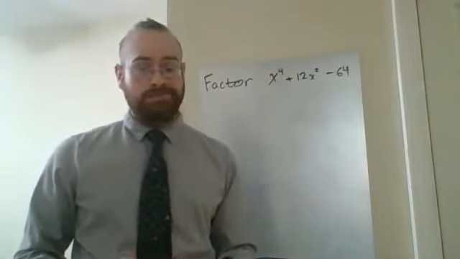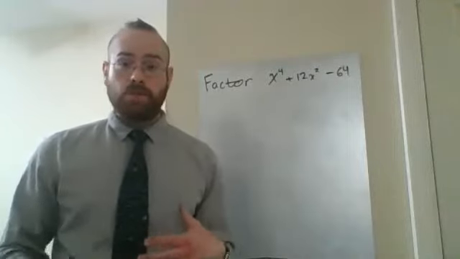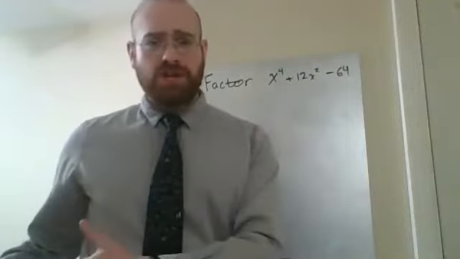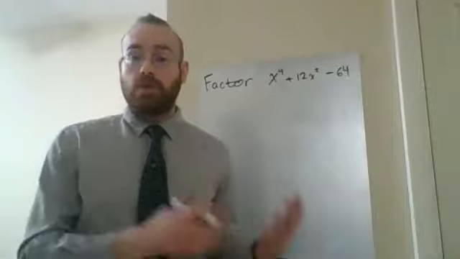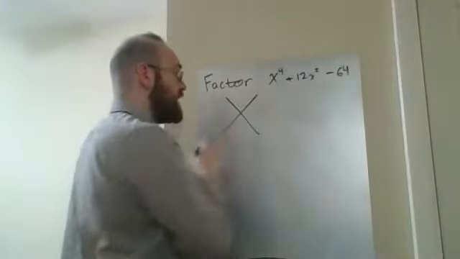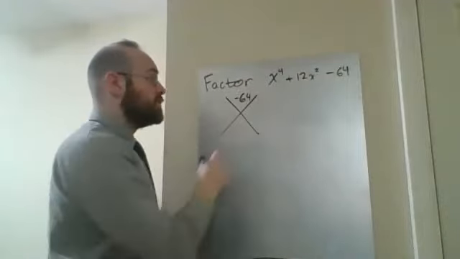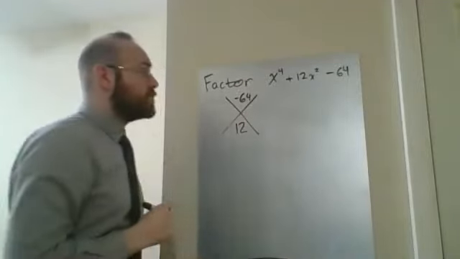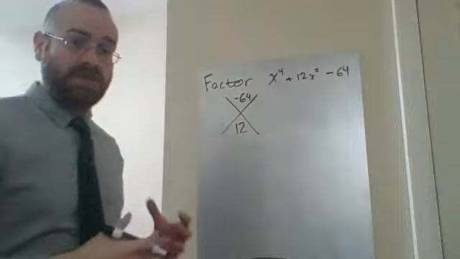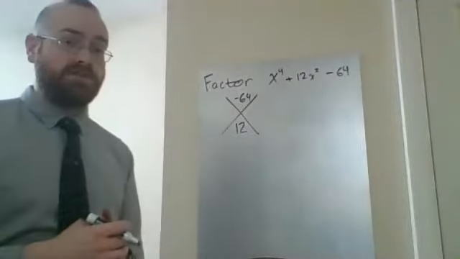So by now, you've paused, you've done your work, maybe you got stuck somewhere, or maybe you finished and want to check your work. So now we're going to go through solving it together. I'm going to set up my x. On the top is a times c, which is negative 64, and on the bottom is 12. So I need to identify two numbers that add up to 12 and multiply to negative 64.